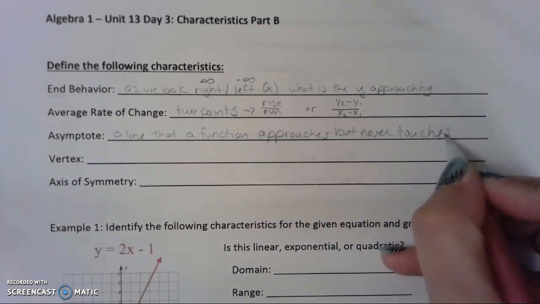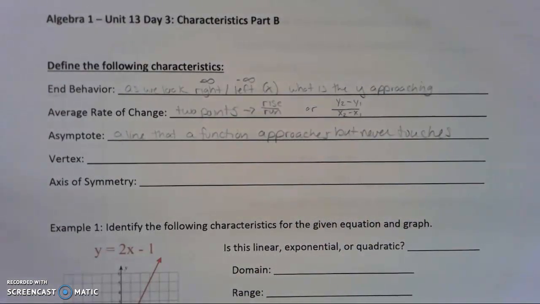That means it's going to get closer and closer and closer to this invisible line, but it will never actually touch it. So it can infinitely get closer. Like if I say something's going to infinitely get closer to the number 0, I might have 0.25 and then 0.125 and then 0.05 and then 0.005 and then 0.0005, and those numbers are just going to get closer and closer and closer to the number 0, but never ever actually reach 0.